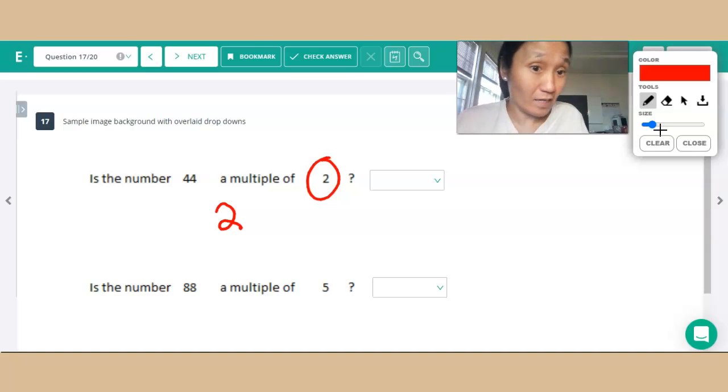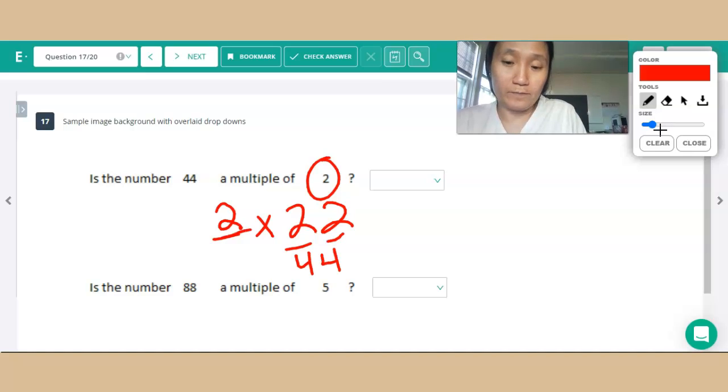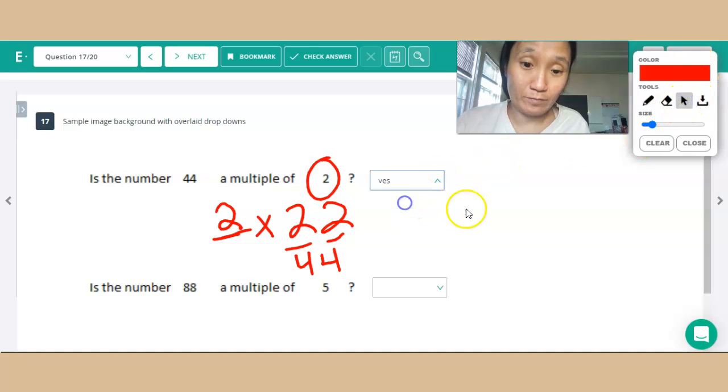Well, yes, I can. I can multiply 2 times 22, because 2 times 2 is 4. So 44. So yes, this one will be a multiple.